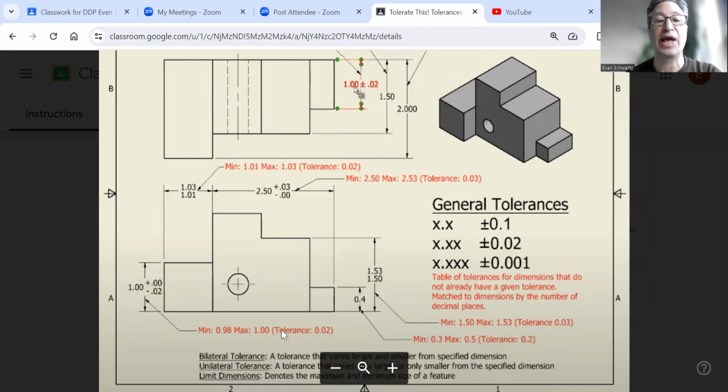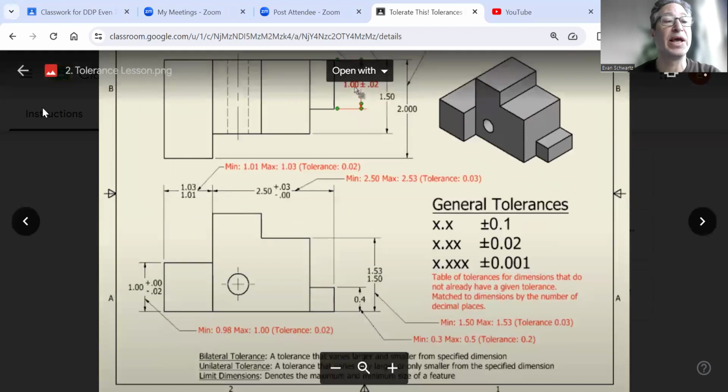So we're going to take a look at the first one, and this is going to be these numbers here. Okay, we have a 1.03 and a 1.01, and you'll notice that they're stacked on top of each other, just like this. This is an example of limit dimensions. And what this is telling us is that this is exactly how large it can be, and this is how small it can be.